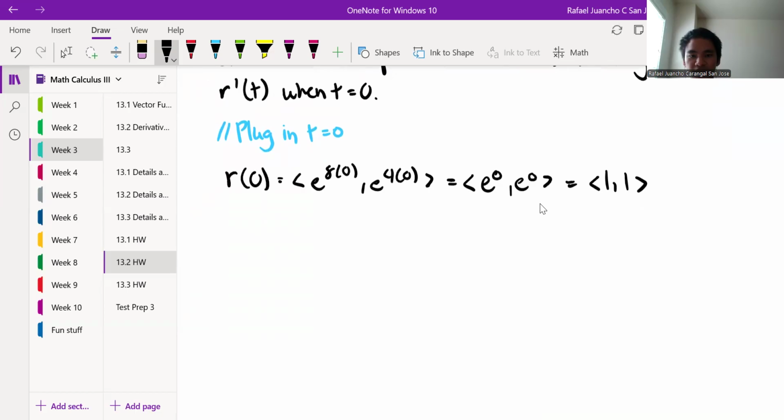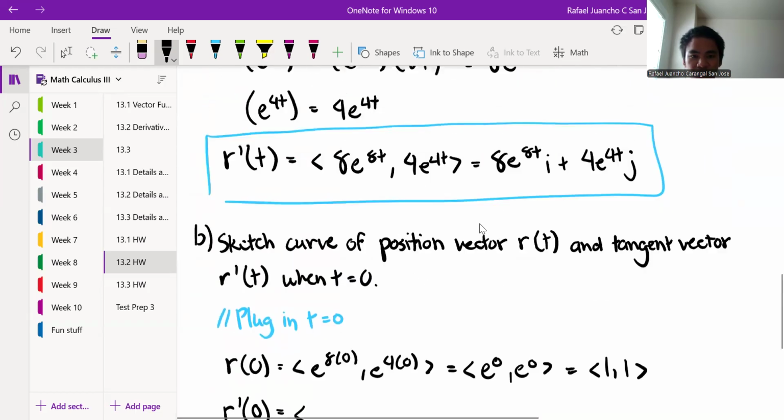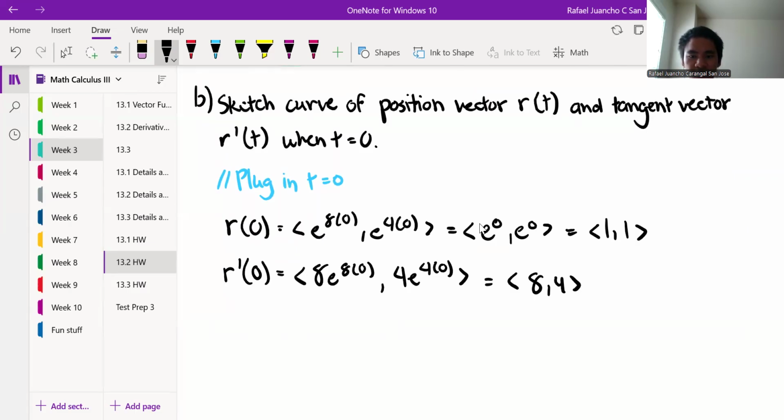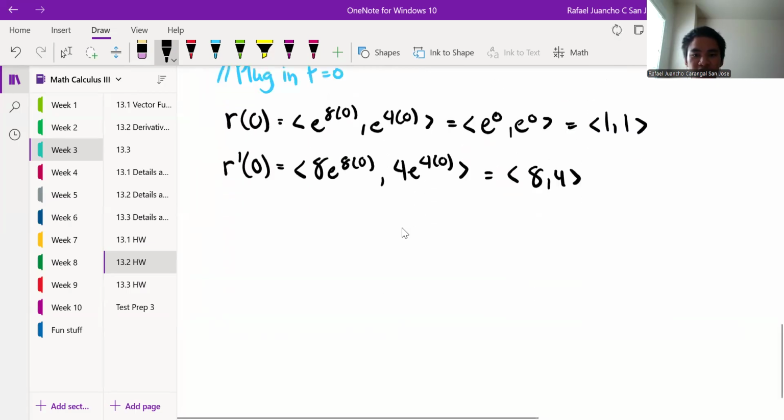And so that's my position vector at t equals 0. And for the derivative, the rate is going to be 8 times e to the 8 times 0 and 4 times e to the 4 times 0. And this is just going to give me 8 and 4.